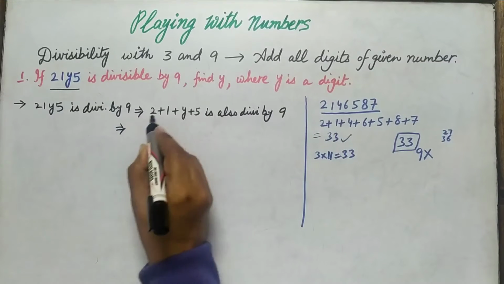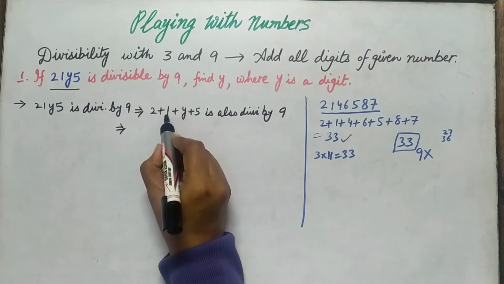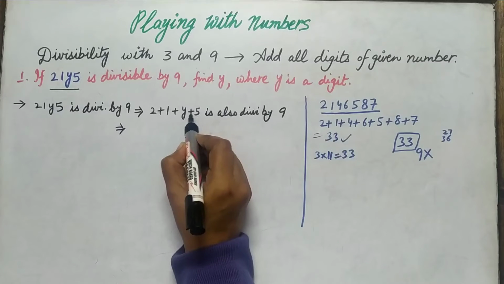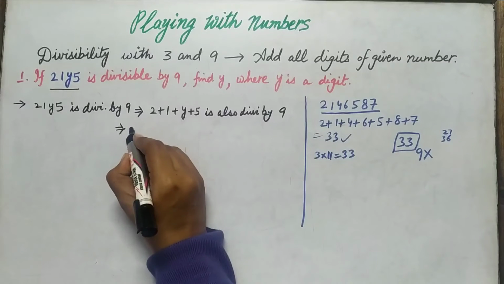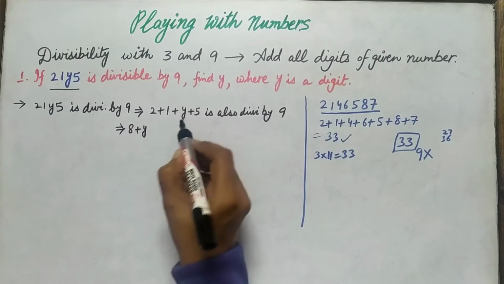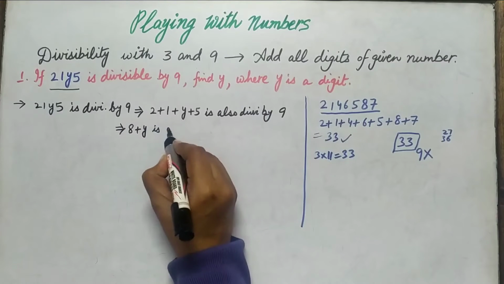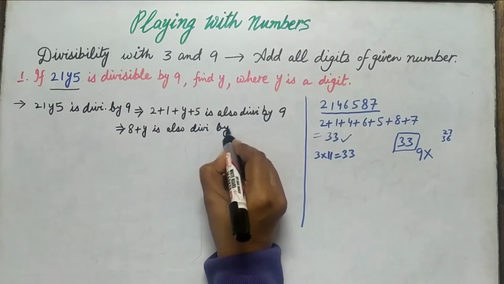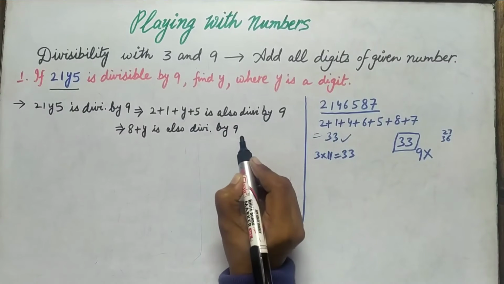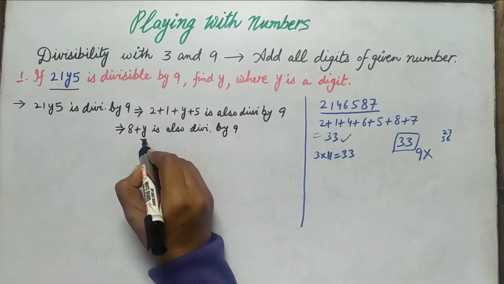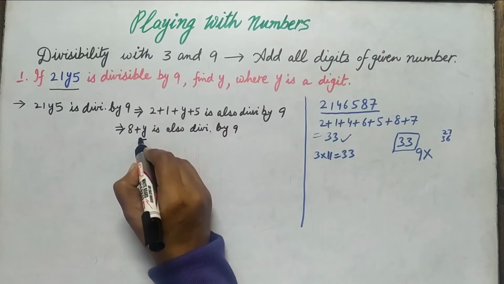Now we add all these digits. 2 plus 1 is 3. 3 plus 5 is 8. y cannot be added, but it will be written like this: 8 plus y is also divisible by 9. Now we find the value of y. y is any number between 0 and 9.